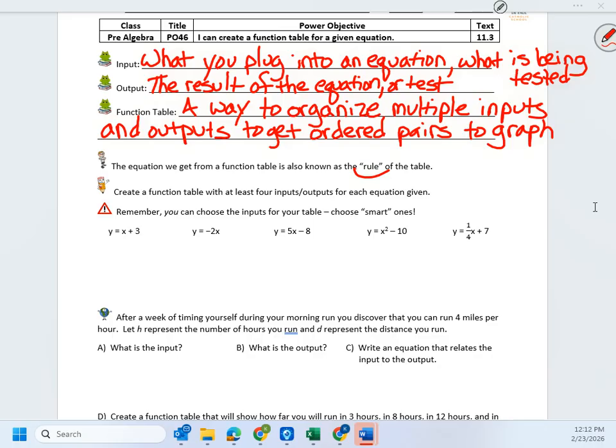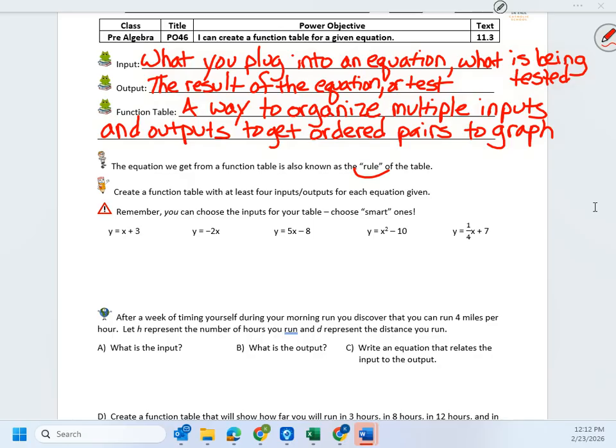What is the rule for that part of the table, right? I always tell us, look for those perfect squares. Packet number 8, perfect squares comes into play again. Think about what the rule is for those perfect squares, right? That's the rule of that table.